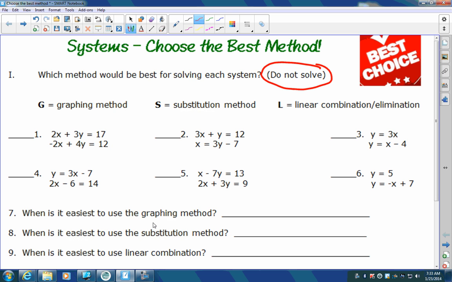It says, when is it easiest to use the graphing method? The graphing means even by hand or in the calculator. How do my equations need to be set up? In what kind of form? In y equals. Okay, now y equals is also called slope-intercept.